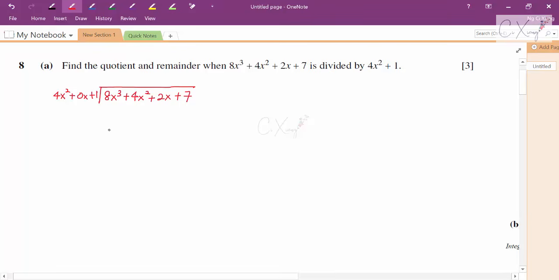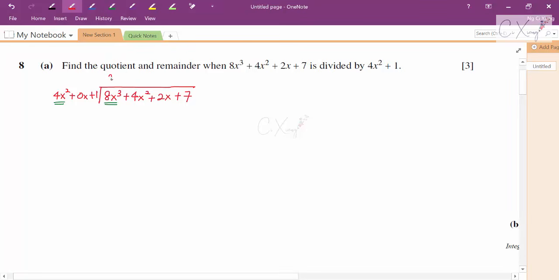Okay, so when we want to start the long division, generally what we do is we refer to the first term of the polynomial and also the first term of the divisor. So something, part of the quotient is here. Something multiplied with 4x squared to get 8x power 3. So what's the something here that I should put in?